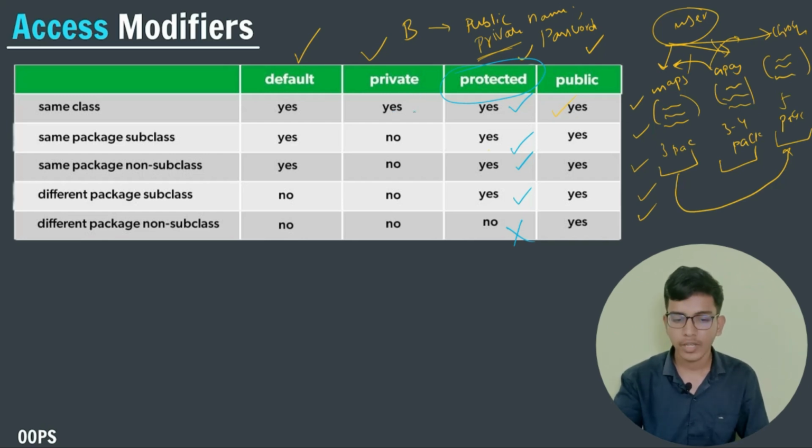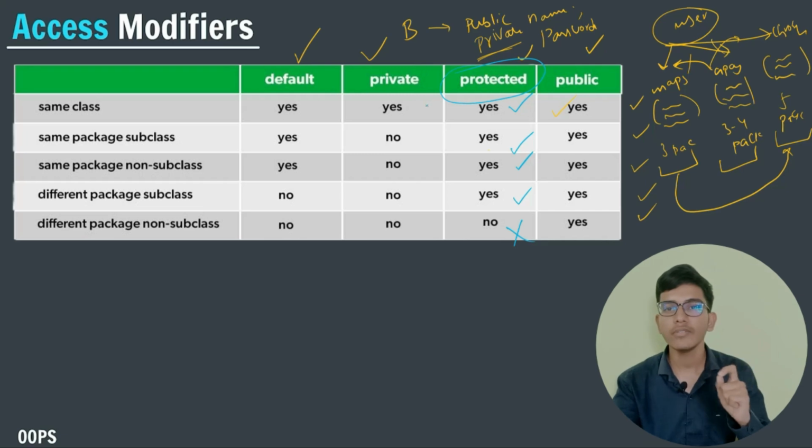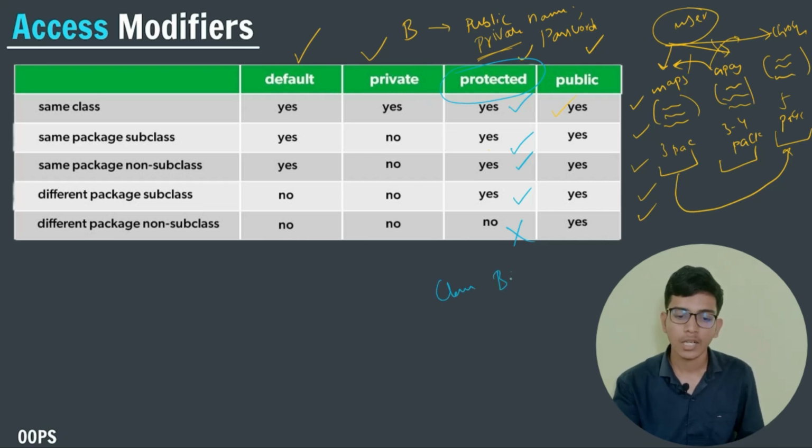Private can be accessible only within the class. So I can write class BankAccount. In this I am writing public string name. Public string name means we can access the name of the user from anywhere I want. Suppose I don't want anyone to see my user's password.